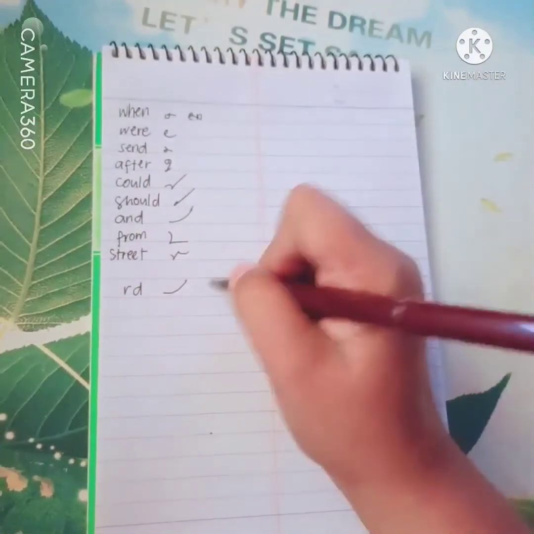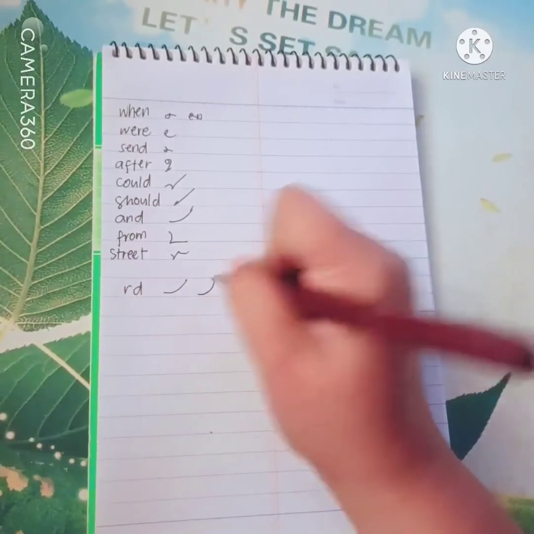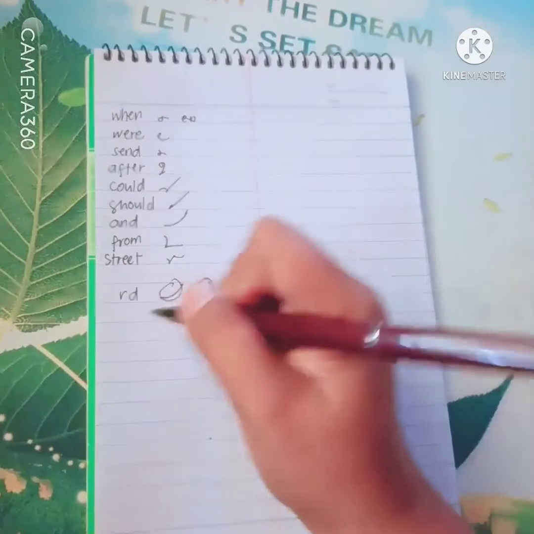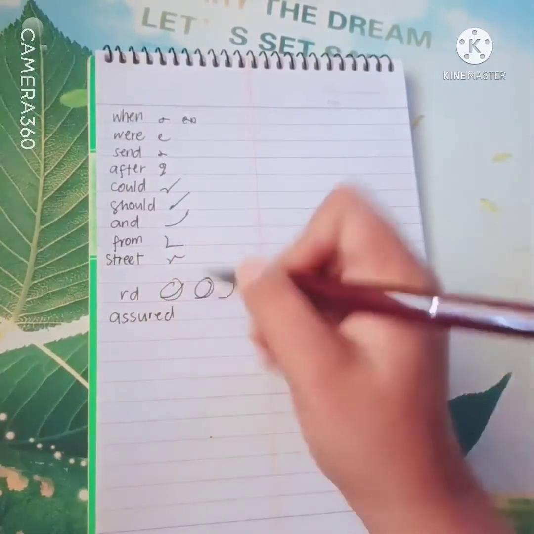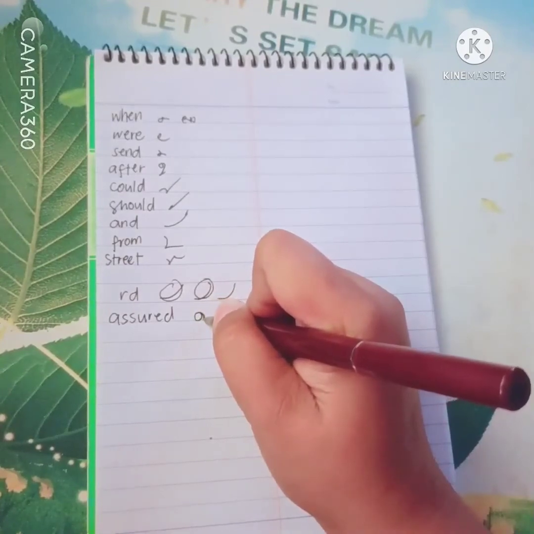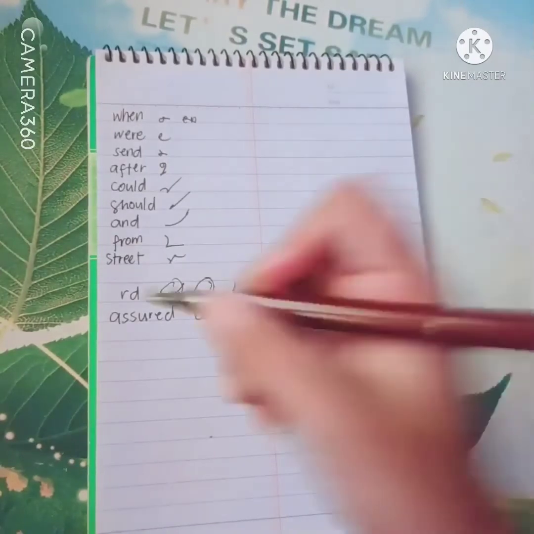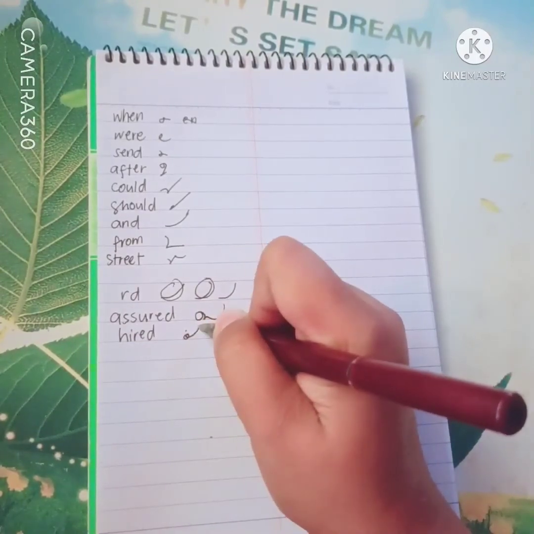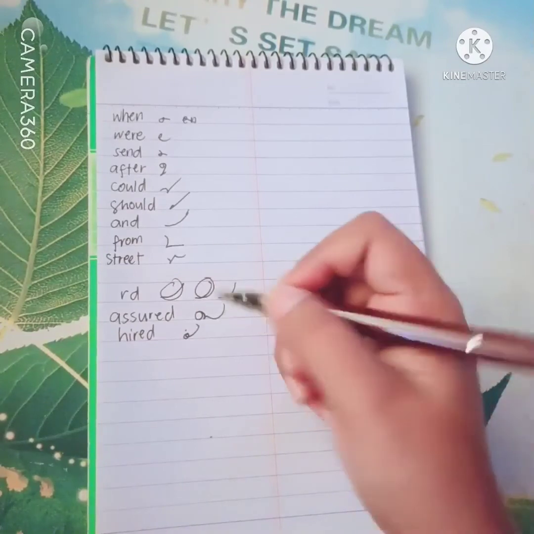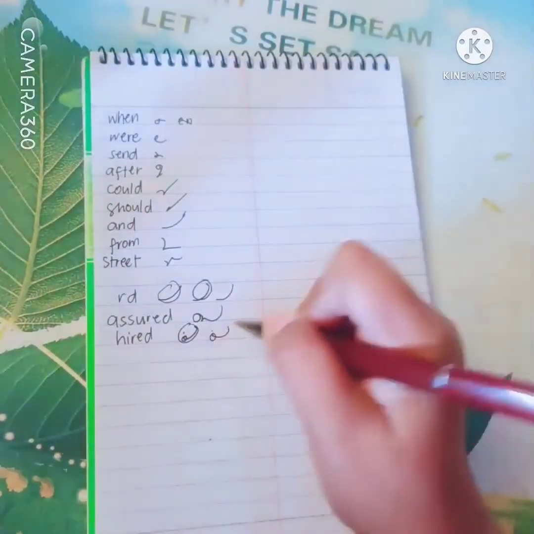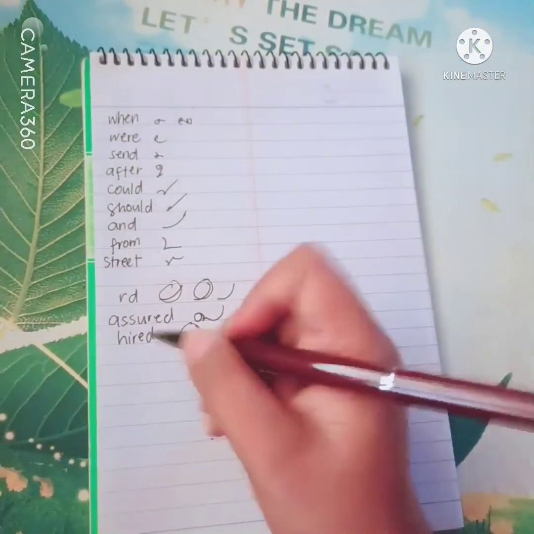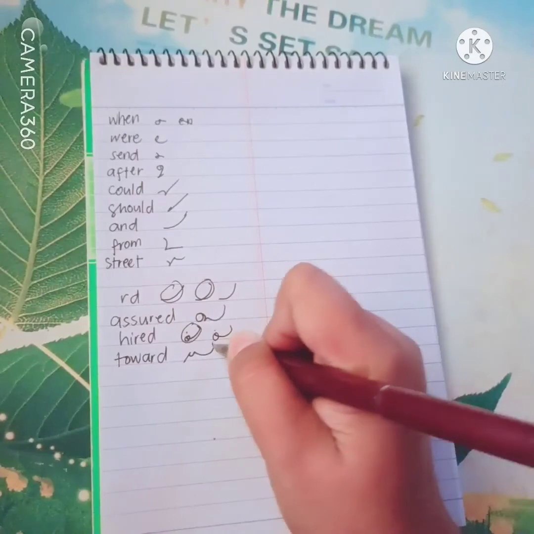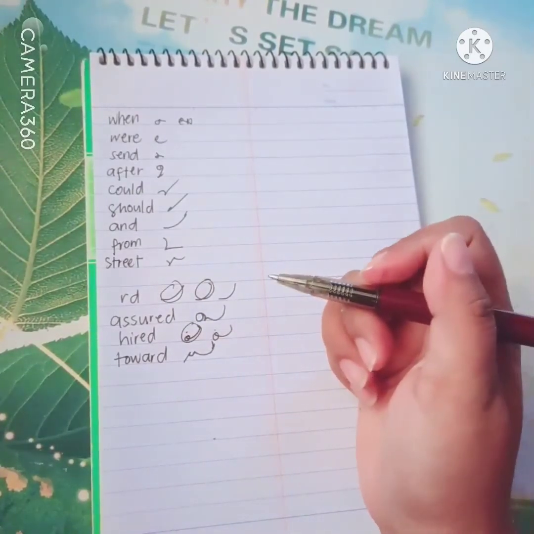Examples are assured, hired, toward, guarded.